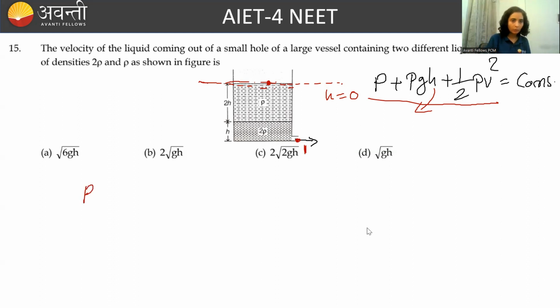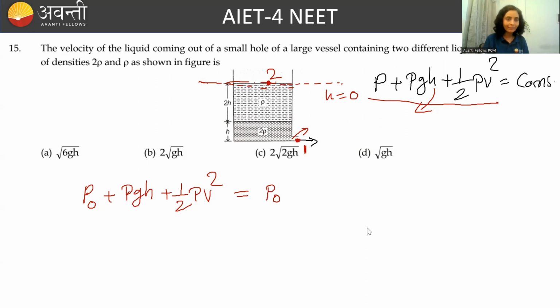At the top point, this is the second point, P naught plus rho gh plus half rho v square should be equal to, at this point, pressure, this is open to atmosphere, so pressure will be equal to atmospheric pressure. And here rho gh we have to write. So h we will measure from here and it is in the downward direction, so with proper sign convention, h will be taken as negative.